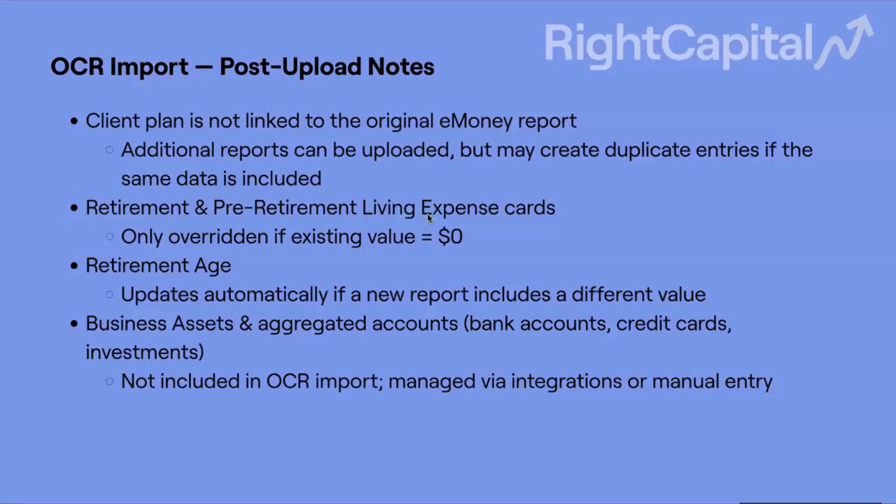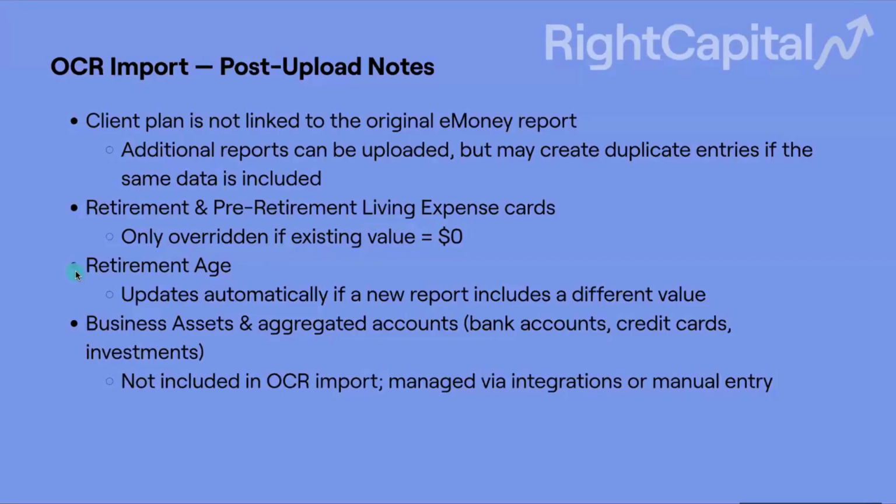So if you've uploaded a report previously and those living expenses are $6,000 a monthly, for example, and then you upload a new report and the new report is an $8,000 monthly expenses for pre and post-retirement, the system is not going to override that previous $6,000 living expense.